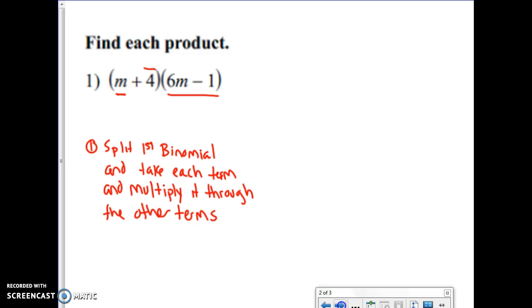So I'm taking m and 4 and splitting them up into 2. I'm multiplying m and 4 by 6m minus 1. So I'm taking m and multiplying it by both of those terms, and I'm taking the 4 and multiplying it by both those terms. Okay?